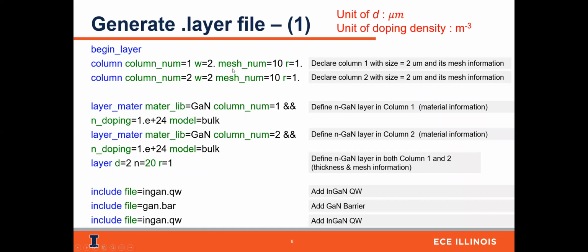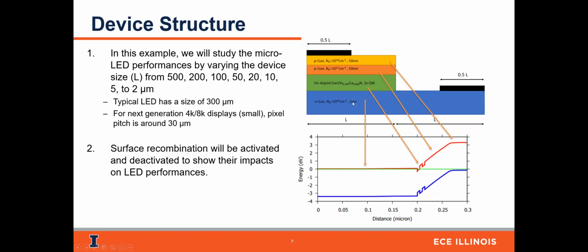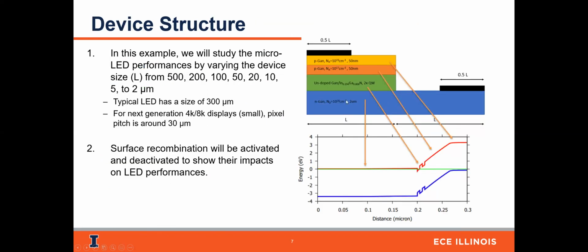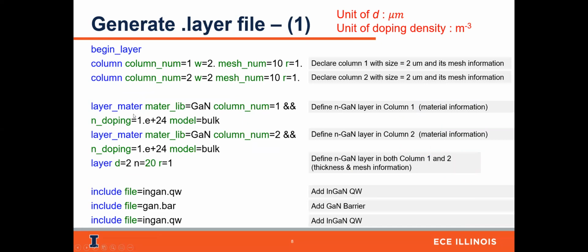Okay, so first we need to generate the first layer of gallium nitride, 2 micrometer, with n-doping of 10 to the 18. Because we have 2 columns here, this is the first column, this is the second column, so we need to define the material and the thickness separately. So here we define 2 columns, and the width is actually the variable.